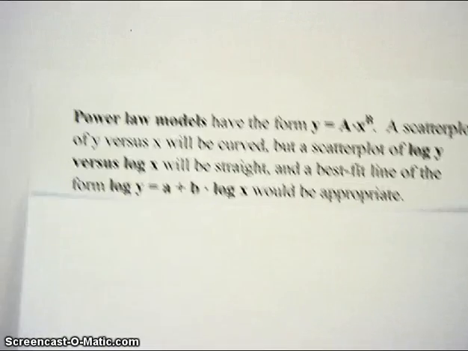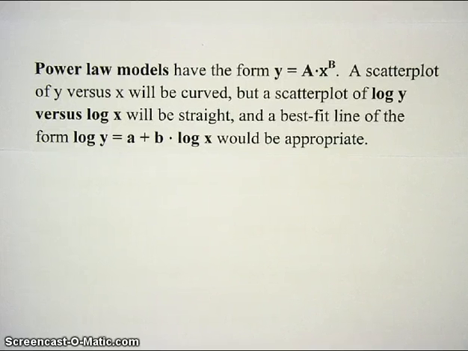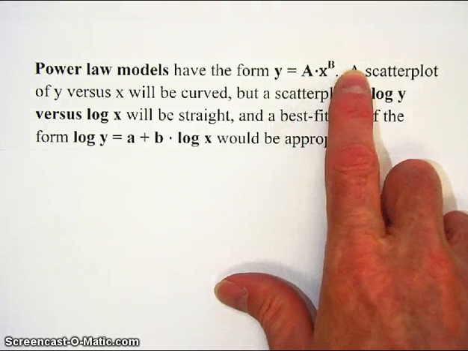The other big family of models are the so-called power law models. These show up in lots of situations in science where perhaps force or energy is involved, or perhaps some kind of geometrical structure is involved, and these power laws are pretty common. They have the form y equals A times x to the b power.